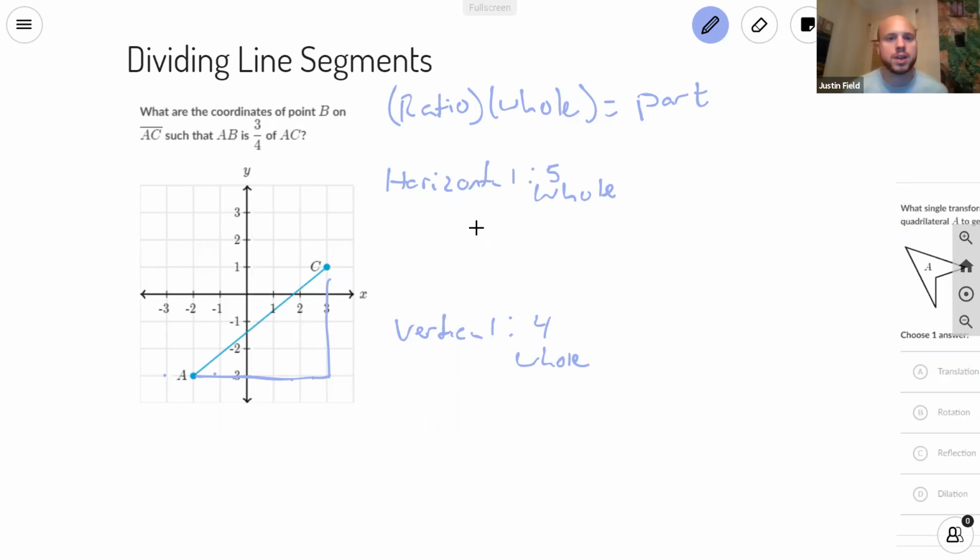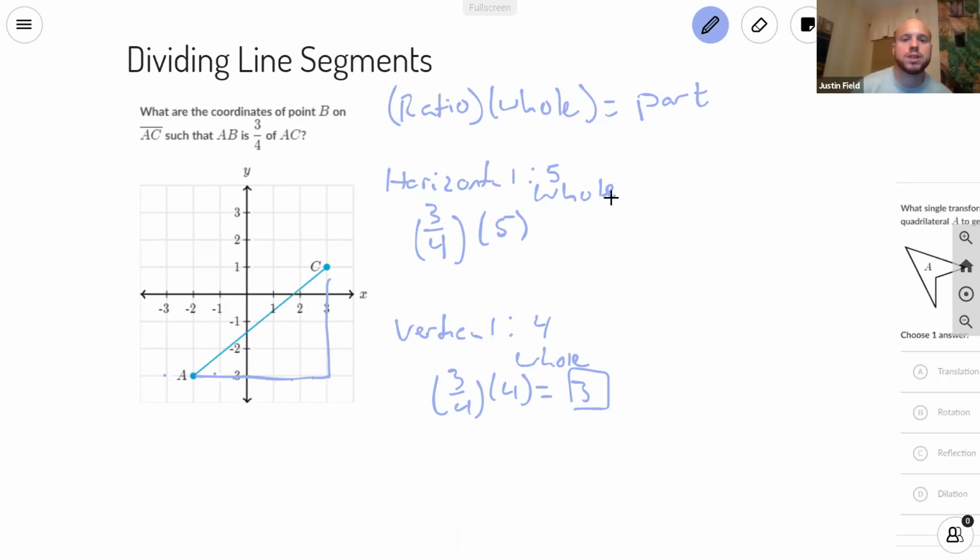So we want to do 3/4 times 5, and 3/4 times 4. Well, I'm going to start with this one because that's easy. 3/4 times 4 is 3. So the vertical distance to get to the 3/4 point is only up 3. 1, 2, 3. So it's probably right here.